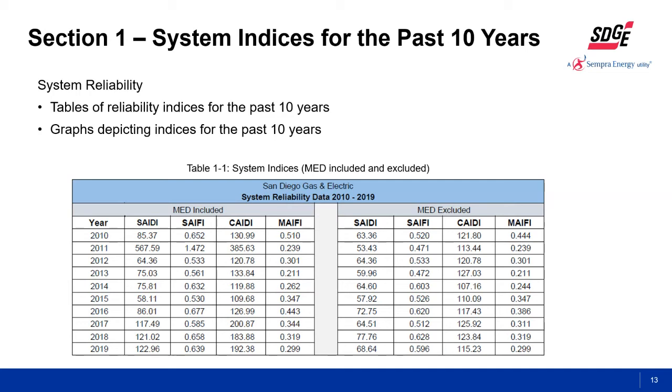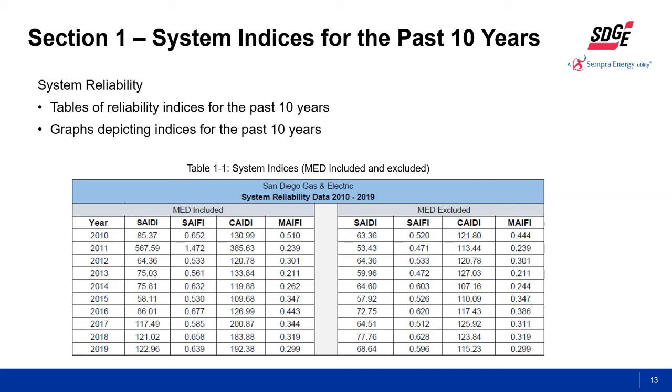That's an example, an extreme example of what we call a major event day. The most recent years, 2017, 2018, 2019, are still noteworthy in that they all have triple-digit numbers. And I believe this is chiefly due to the severe Santa Ana episodes, which usually occur in the fall.